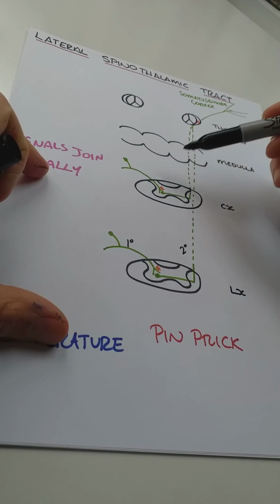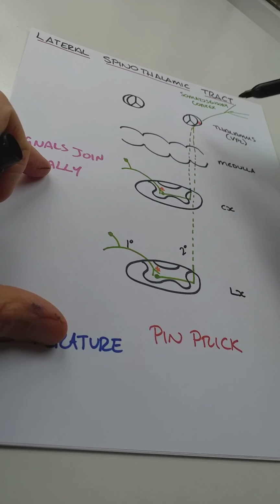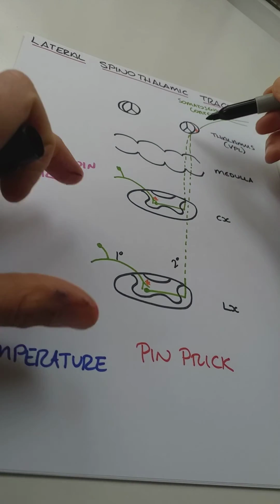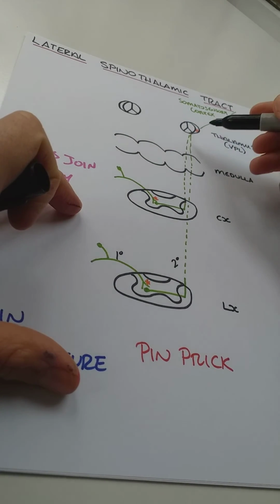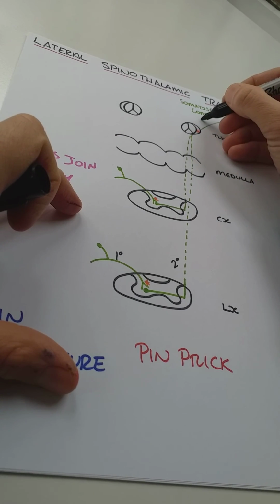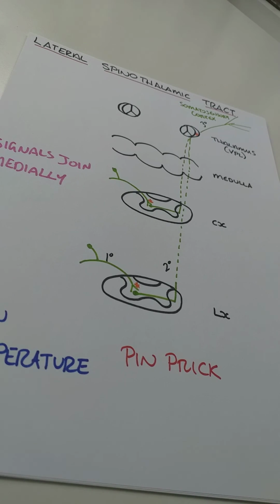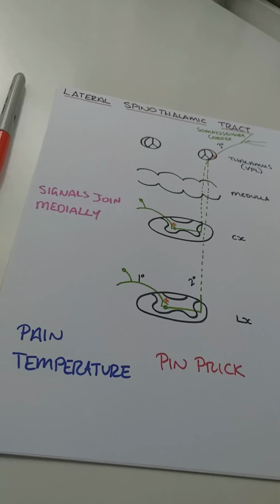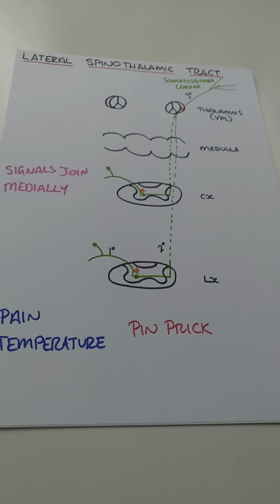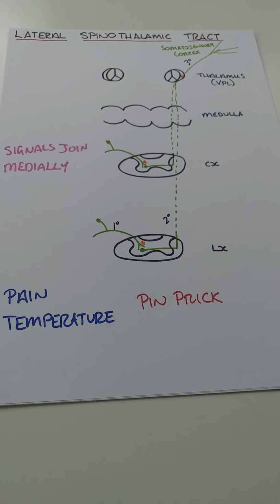Whoosh all the way up. Things get added in medially. Hits the VPL of the thalamus. Boom, another synapse. And then the third order neuron heads off to the somatosensory cortex. And that is your lateral spinothalamic tract. Testing for, or receiving even, pain and temperature.